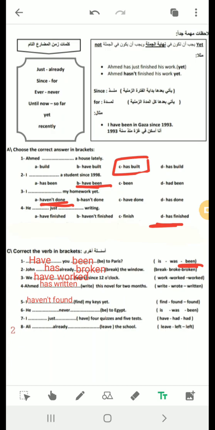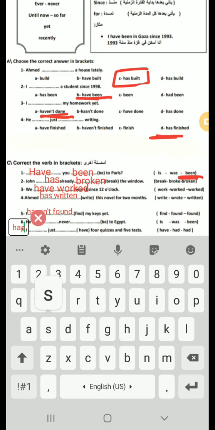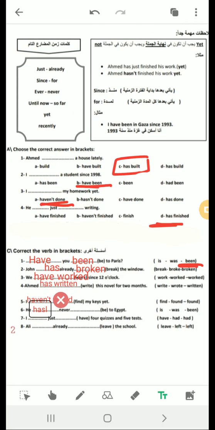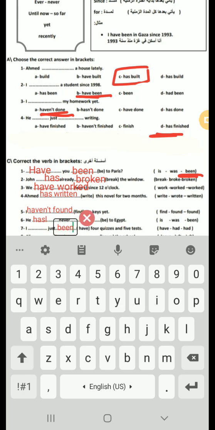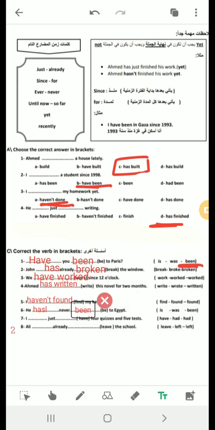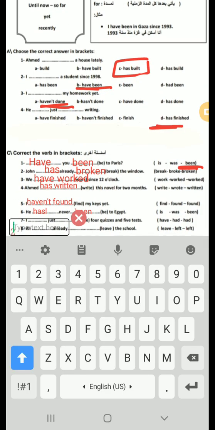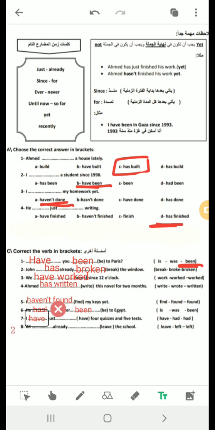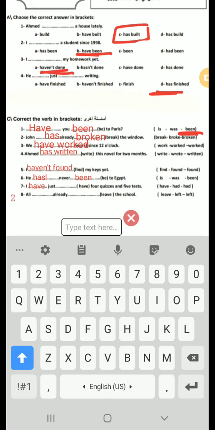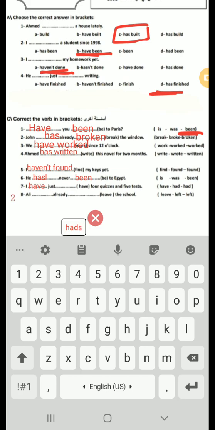He never been to Egypt. He has never been to Egypt. Then I just have 4 quizzes and 5 tests. I have just, the past participle of have, also had. I have just had.